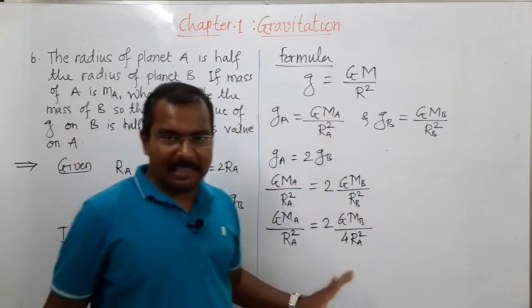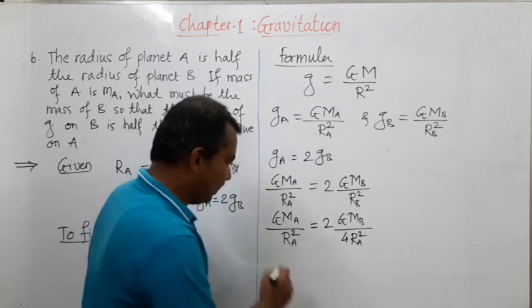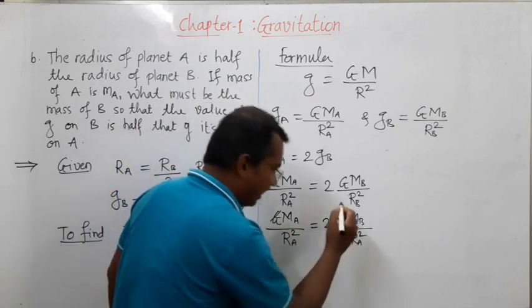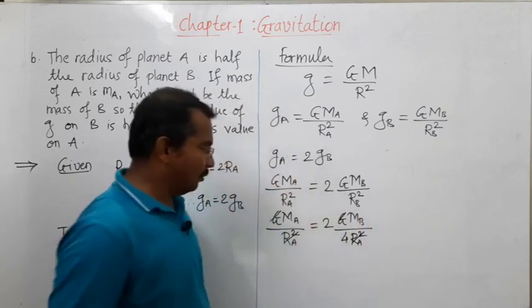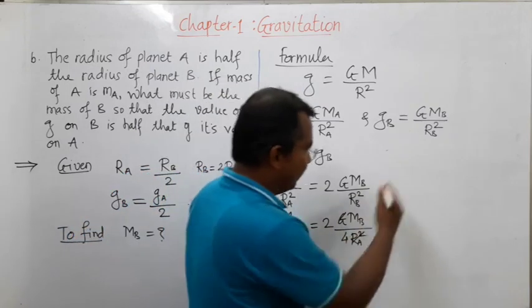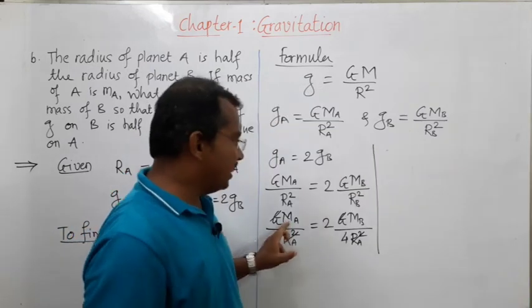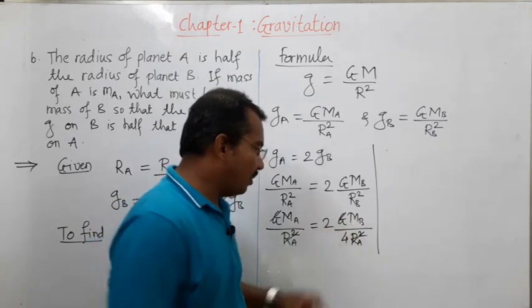Now let's make this simple. How? This G and G will get cancelled. RA square and RA square will also get cancelled. So we have, I will write here, MA is equal to 2 MB upon 4.